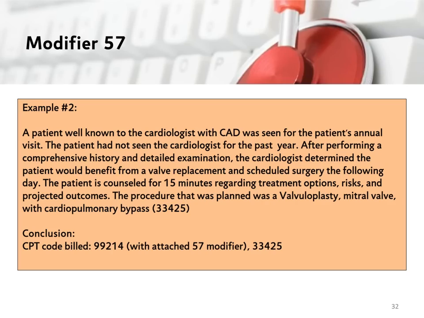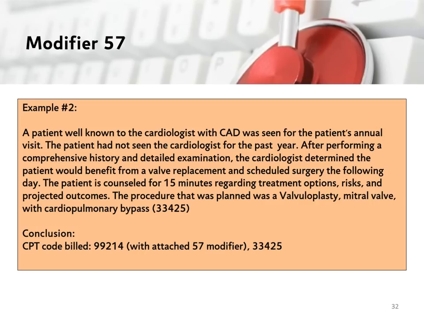Example 2. A patient well known to the cardiologist with CAD was seen for the patient's annual visit. The patient had not seen the cardiologist for the past year. After performing a comprehensive history and a detailed examination, the cardiologist determined that the patient would benefit from a valve replacement and scheduled the patient for surgery the following day.